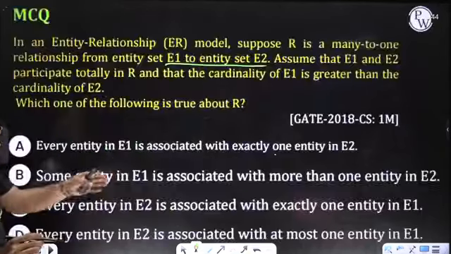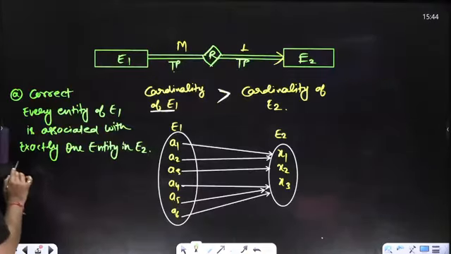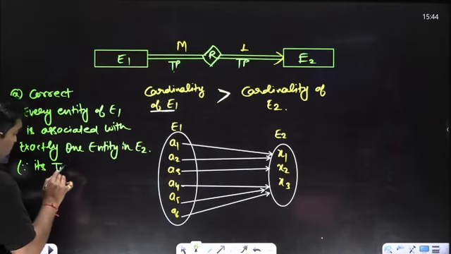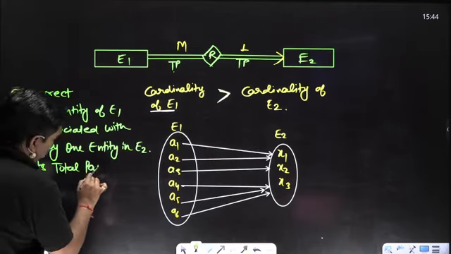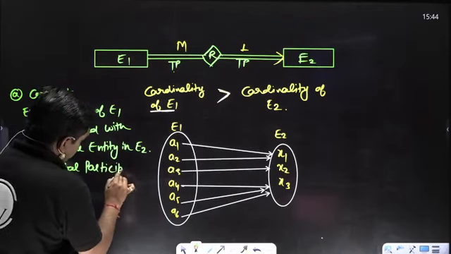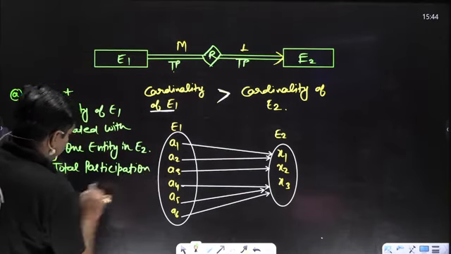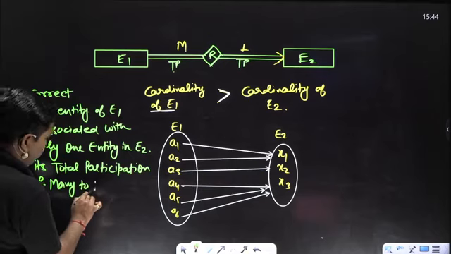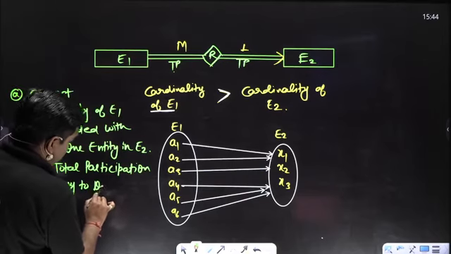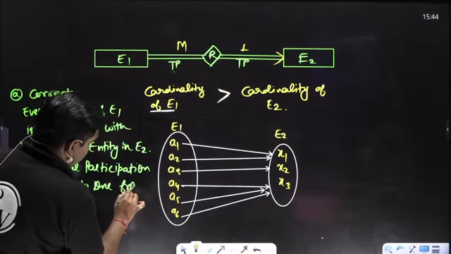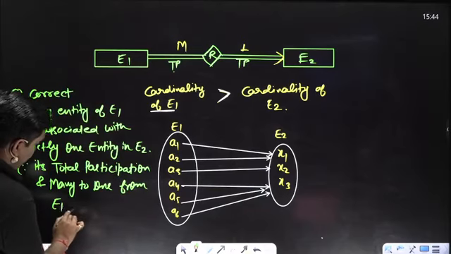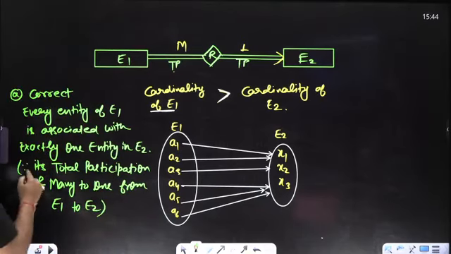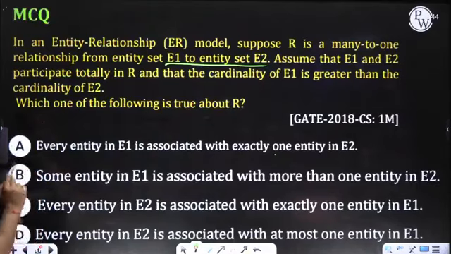Why? Because it is total participation and many to one from E1 to E2, my dear. That's why option A is correct.